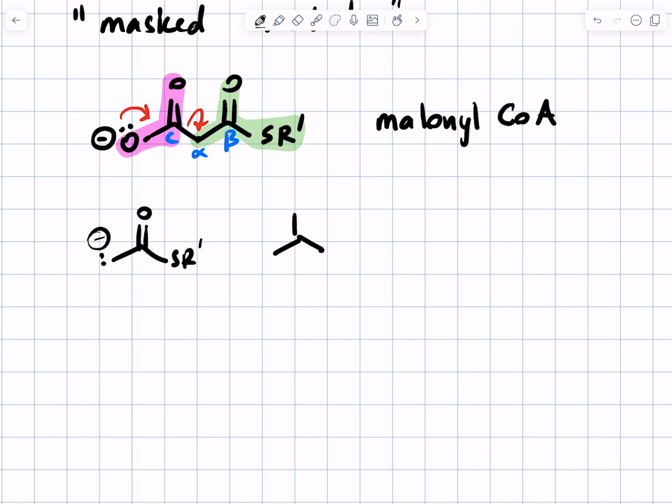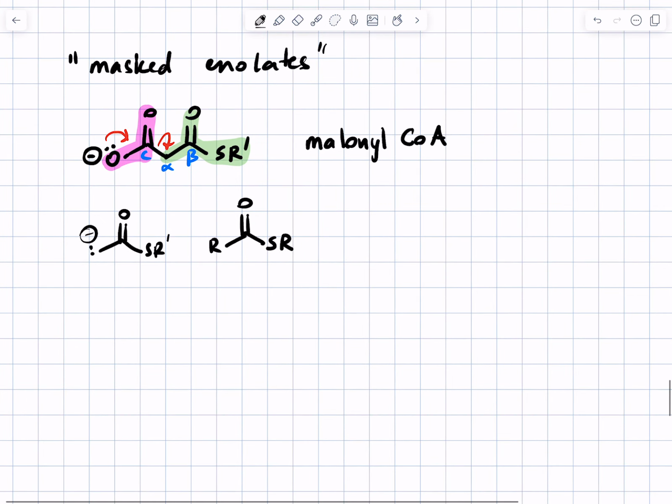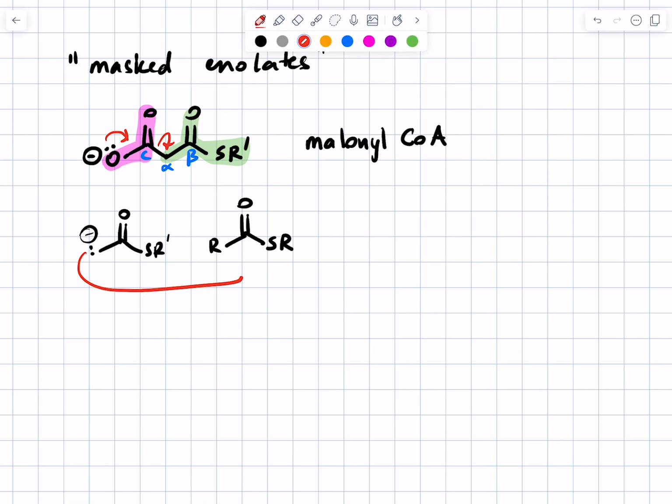And then over here, you have some other thioester. I know there's lots of R groups here, so just ignore them for now. In an enzyme active site, this enolate will actually attack the carbonyl carbon to make a tetrahedral intermediate.